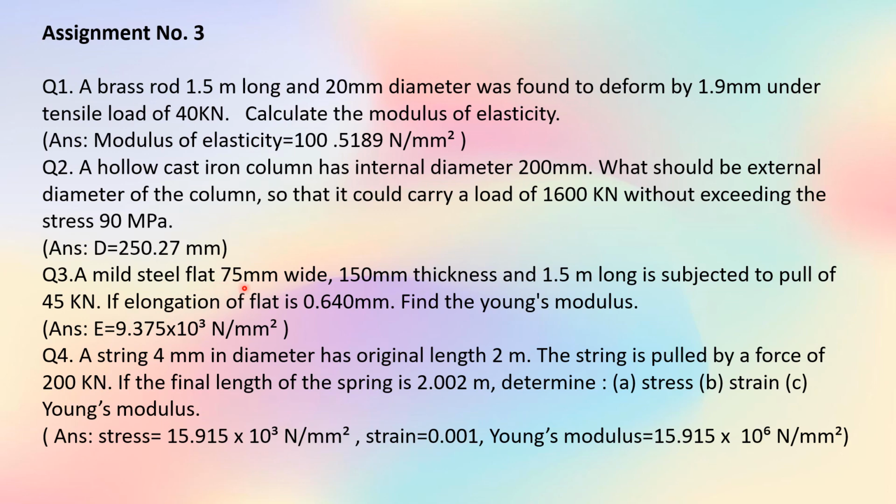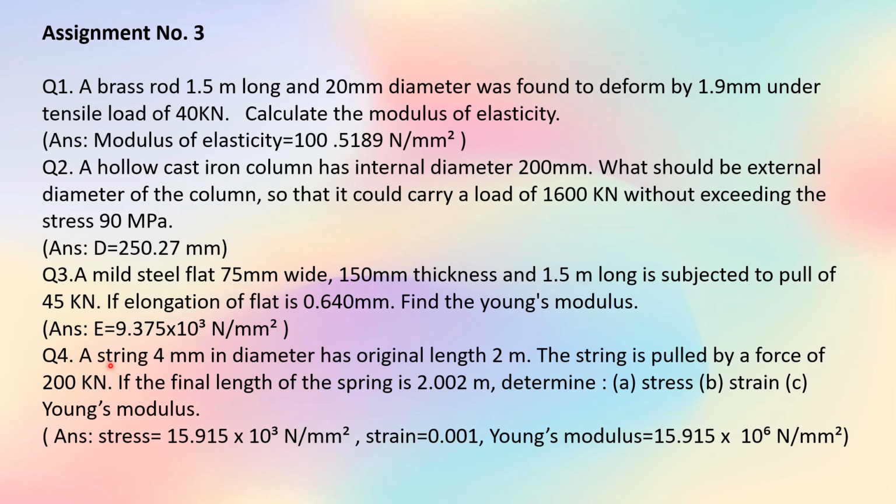A mild steel flat 75 mm wide and 150 mm thickness and 1.5 meter long is subjected to a pull of 45 kilonewton. If the elongation of the flat is 0.64 mm, find Young's modulus. The answer here is E equal to 9.375 into 10 raised to 3 Newton per mm square.